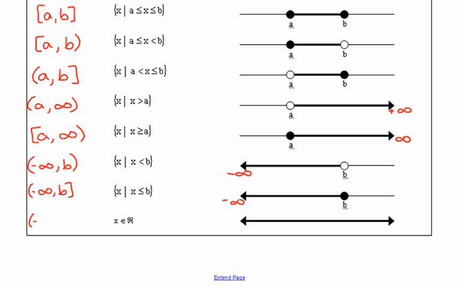It's between negative infinity and positive infinity. We always write it between two values, and we have to use the symbol of infinity. So that's interval notation as opposed to set notation, which is what you're used to.